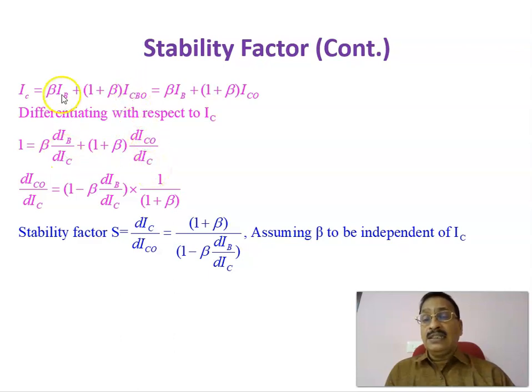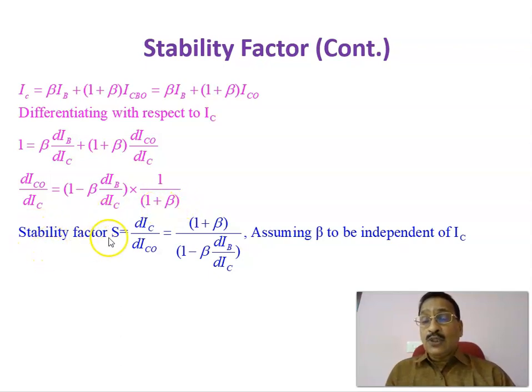From this, we can get dICO divided by dIC equals 1 minus beta dIB by dIC, divided by 1 plus beta.